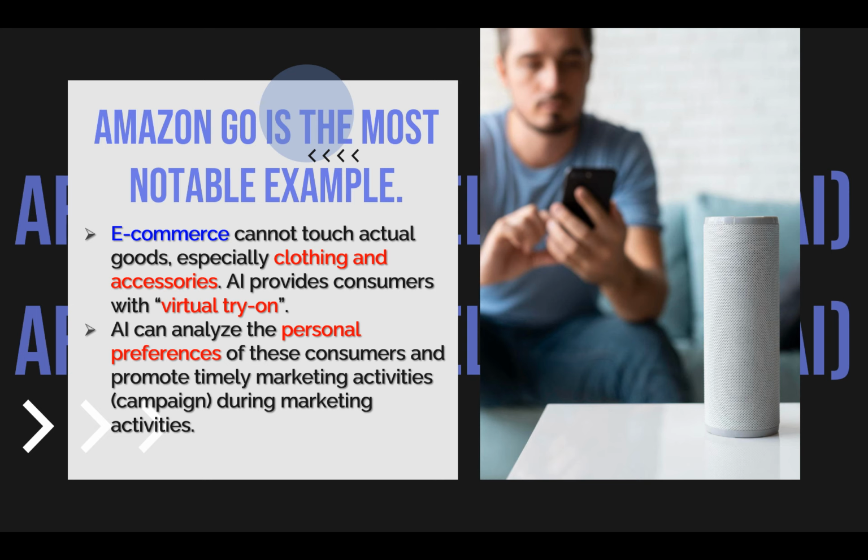You have to know that e-commerce cannot touch actual goods, especially clothing and accessories, so it provides consumers with a virtual try-on. AI can analyze the personal preferences of these consumers and promote timely marketing activities, sometimes called campaigns.